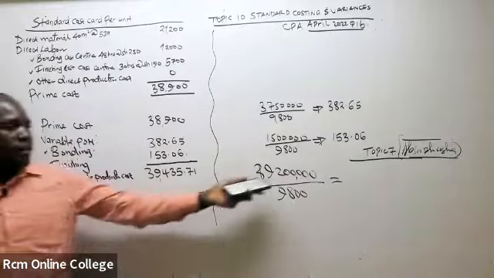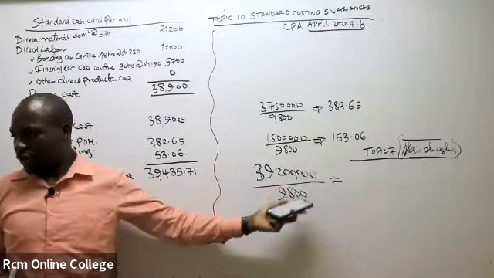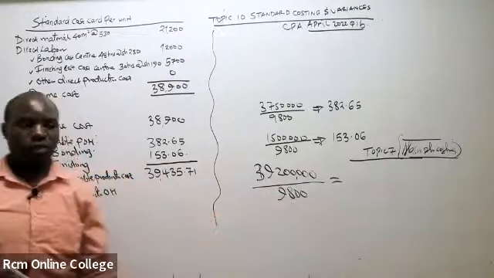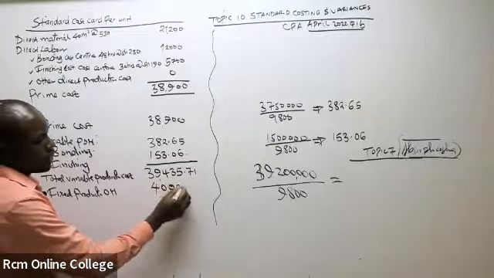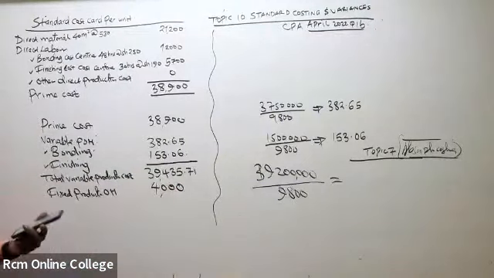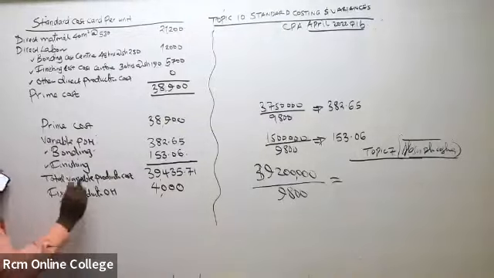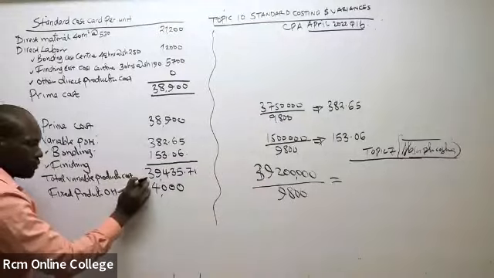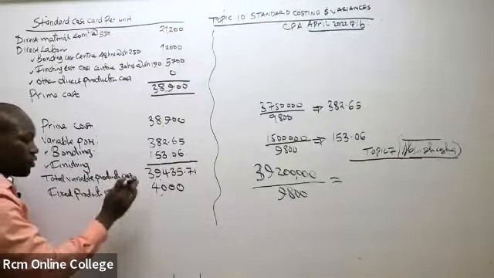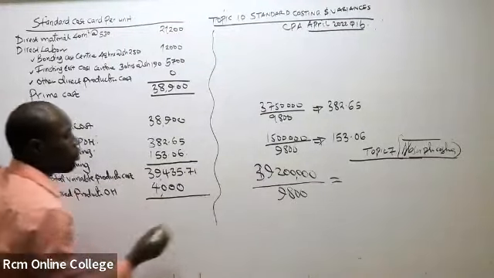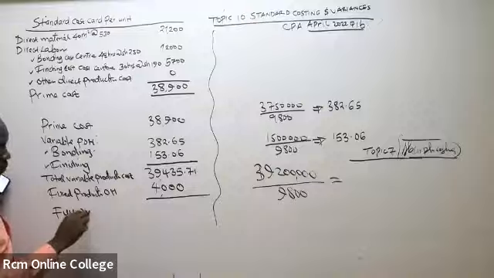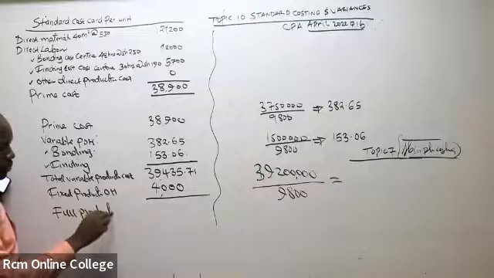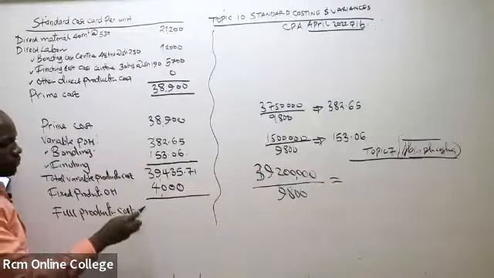Good. So what are you getting when you divide this? 4,000. So I believe somebody was asking about the 4,000. Your question is now answered. Good. Then from the fixed production overheads, when I bring in total variable production cost and I add to fixed production overhead, I'll be getting what you call full production cost.